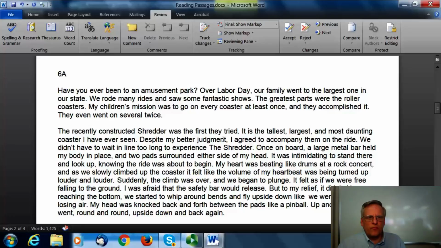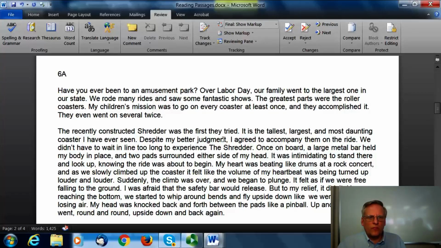The recently constructed Shredder was the first they tried. It was the tallest, largest, and most daunting coaster I have ever seen. Despite my better judgment, I agreed to accompany them on the ride.